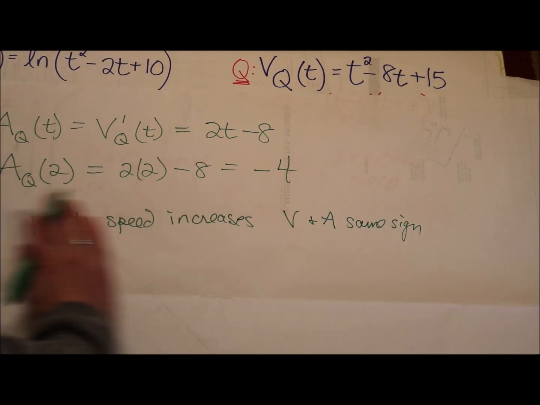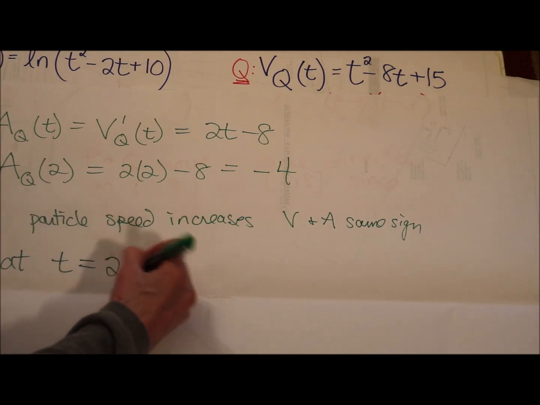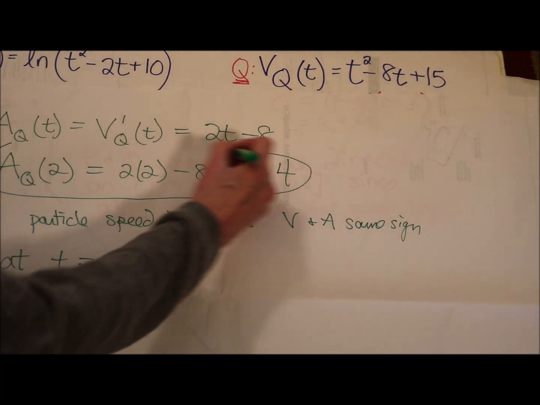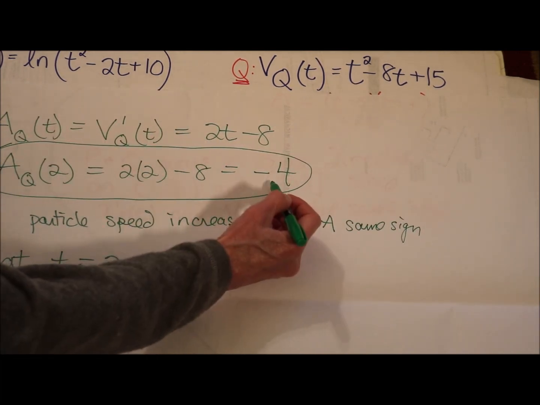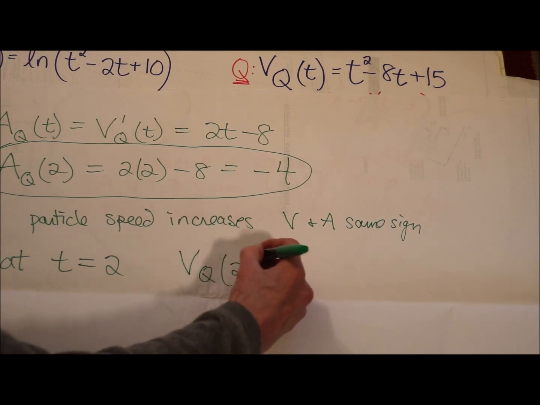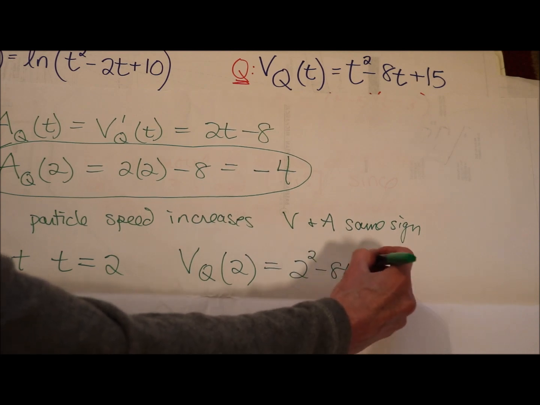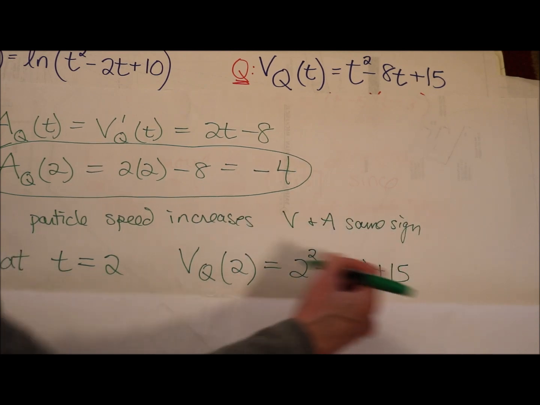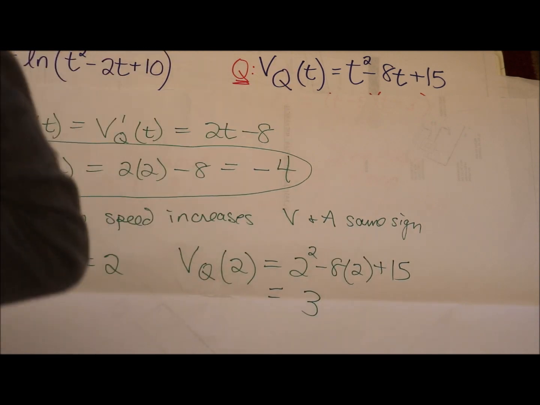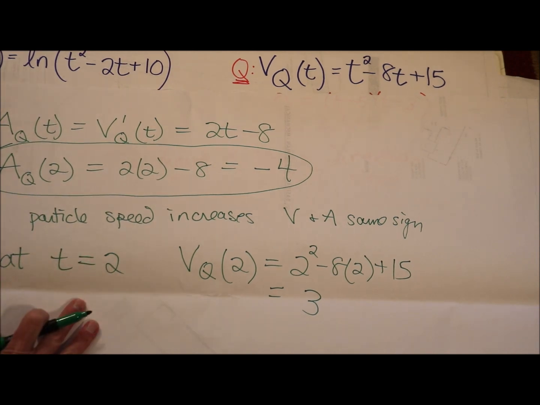Okay, so I want to know specifically at time equals 2, is my particle speeding up or slowing down? Well, I know that my acceleration at 2 is negative, and let's find what my velocity at 2 is. 2 squared minus 8 times 2 plus 15. You don't have to show this part. That's 4 minus 16 plus 15, which is positive, I think +3 if I did my calculations correctly. So here we go.